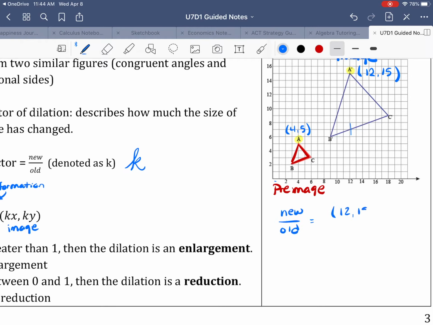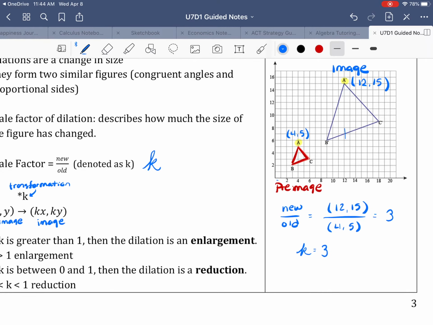So 12, 15 is our image, and 4, 5 is our pre-image. So 4 times what gives us 12? 5 times what gives us 15? Well, we get 3. That means our scale factor is 3. So it's going to grow by a factor of 3 between our pre-image and our image.